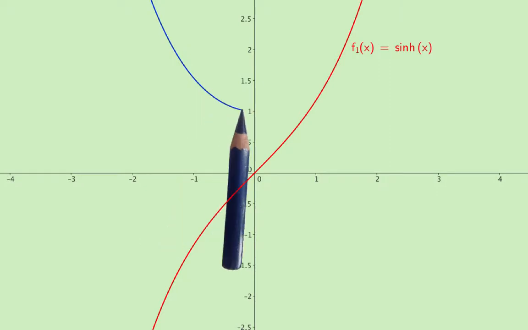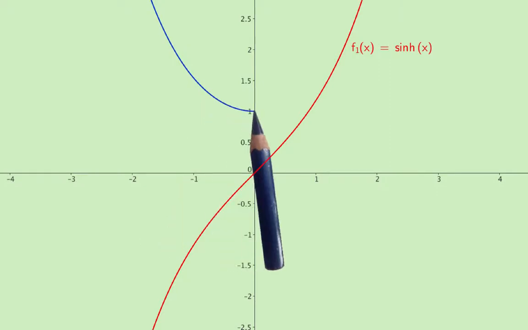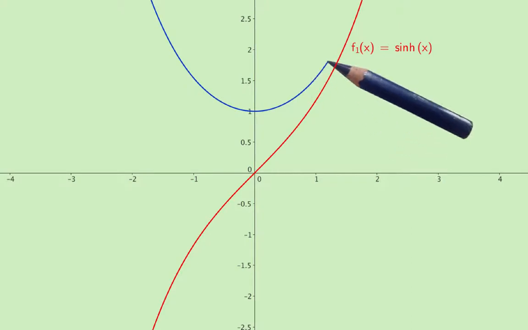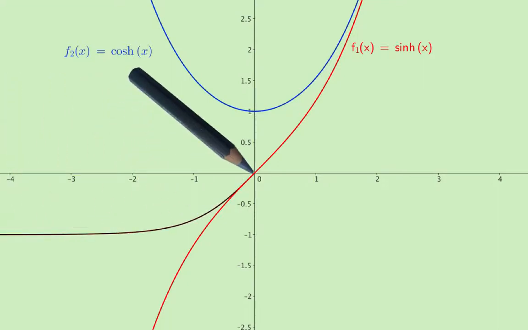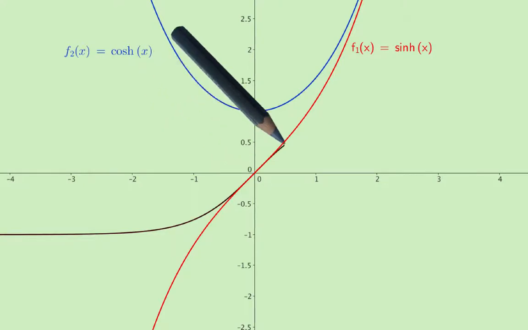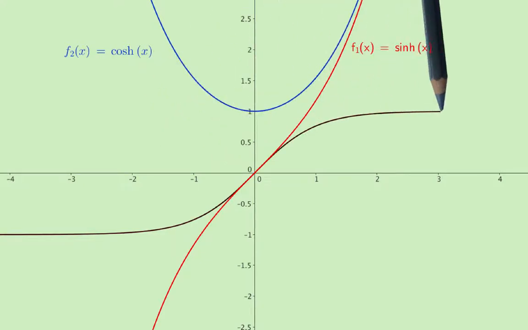It is 1 at x equal to 0, and then it goes off to plus infinity again. And now finally, let us look at the hyperbolic tangent. It is minus 1 at minus infinity, comes in from there, becomes 0 at x equal to 0, and then levels off or becomes asymptotically close to 1. Again, as you can see, the hyperbolic tangent is an odd function.